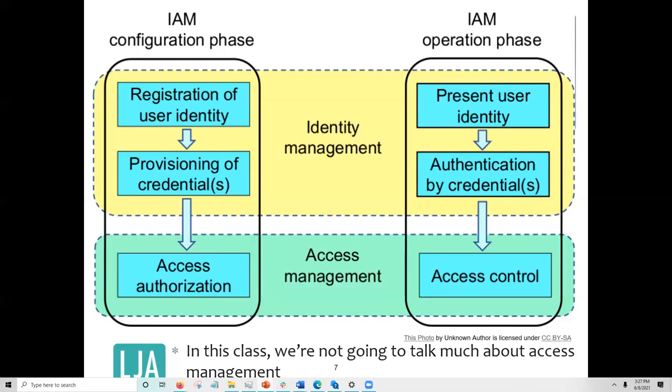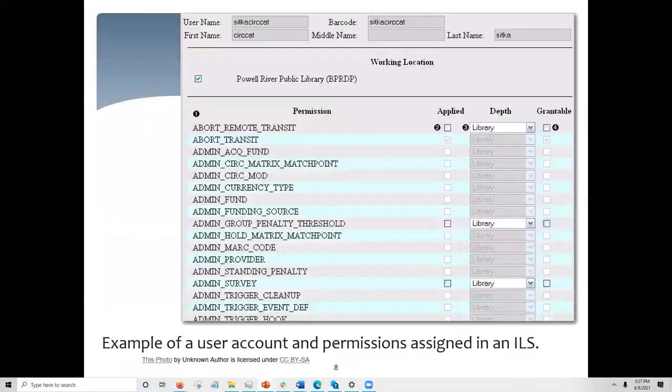And when we think about identity management through that landscape, what happens in the course of creating those records? What happens through the course of creating those accounts? Well, we create an account, and here's an example from an ILS. Lots of different ILSs look different, but we create an account.